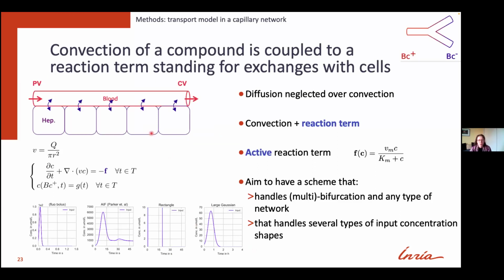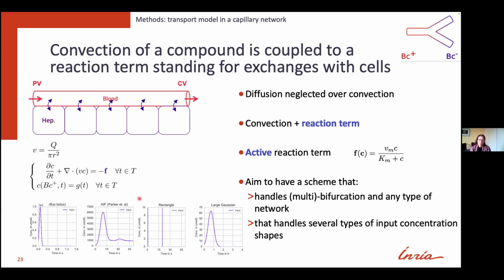So once we have, in terms of modeling, the velocity from the hemodynamic study, we can study transport. So here, pure advection in this network, and with some reaction term, because what is transported in the blood is partially exchanged with the hepatocytes, so with the neighboring cells, sorry. So this here is modeled by an active reaction term of the Michaelis-Menten form.